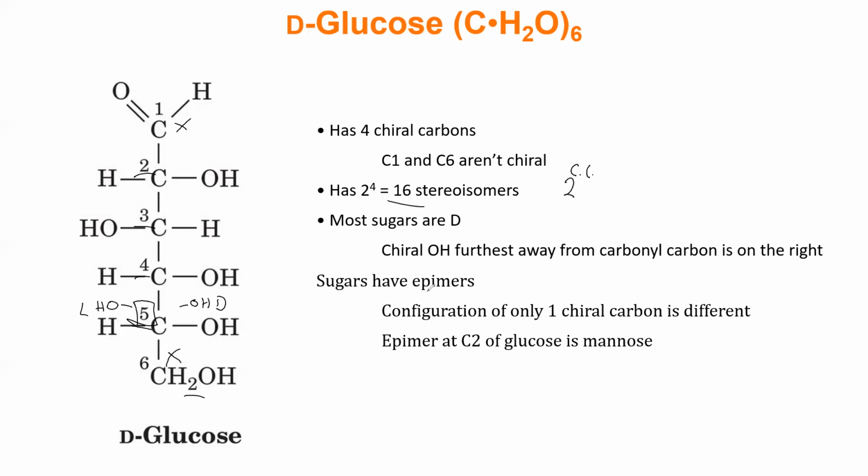And the last terminology that sugars have are what are called epimers. An epimer is a special stereoisomer, where only 1 chiral carbon is different. So epimers are usually pairs. Here, the epimer of glucose at C2 is mannose.